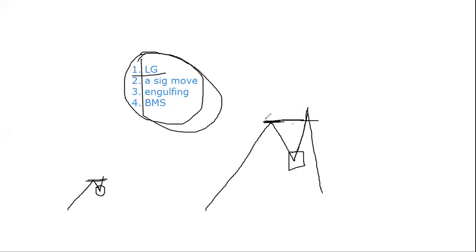Now, if this zone is broken, then the market comes back to take out the other block that caused this zone to be broken, we call this particular block a breaker block. That is LSB, that is break in market structure, or BMS, whatever you want to call it. It can be called 3 different names.